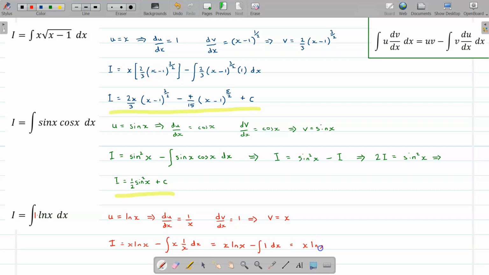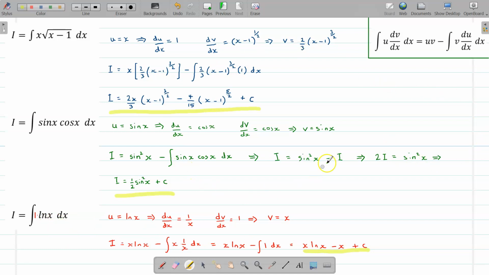X log x minus x plus our constant of integration c. And that is it. That is the integral of log x. Okay, a very interesting result done by parts when we only actually had one part to start with.